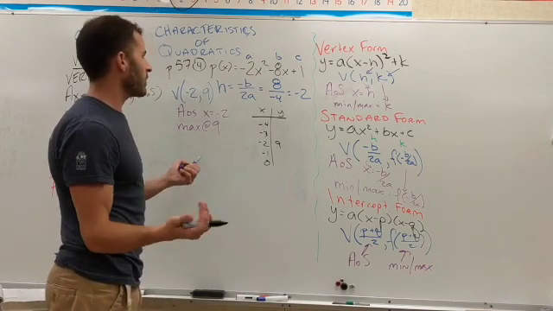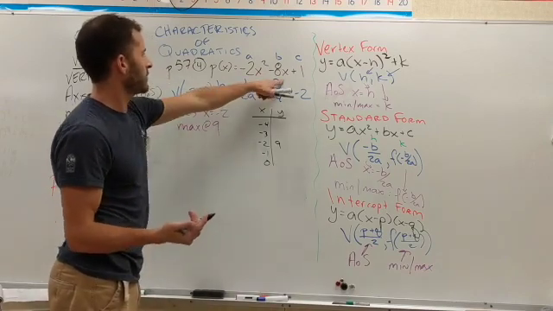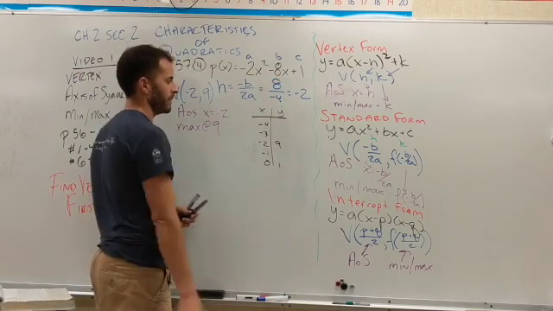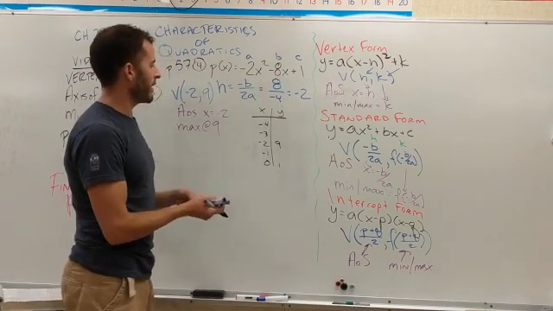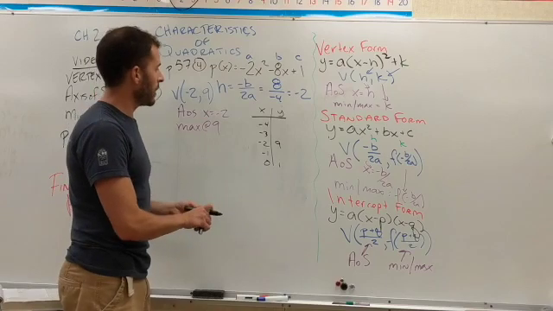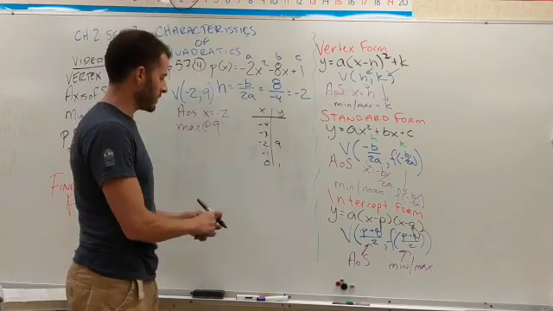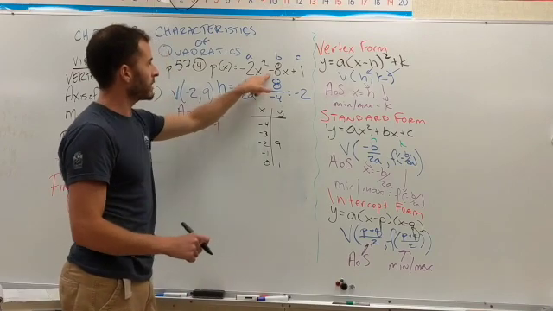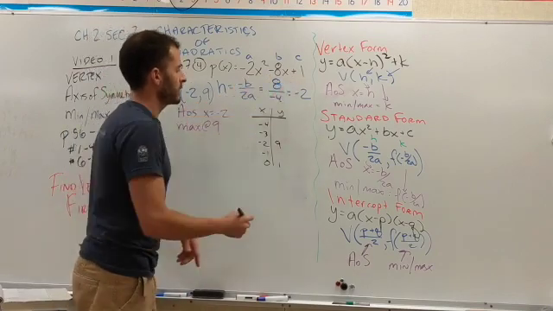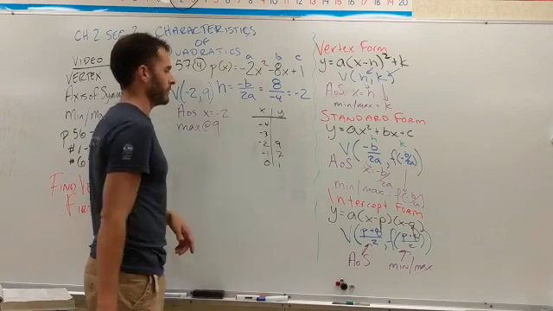I'm going to start with 0. 0 plus 1 is 1. All right, now negative 1. Negative 1 squared is 1. 1 times negative 2 is negative 2. Plus 8 is 6. 6 plus 1 is 7.